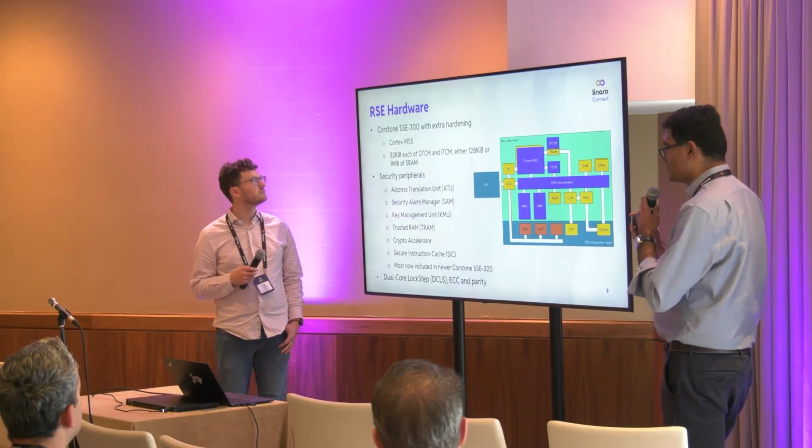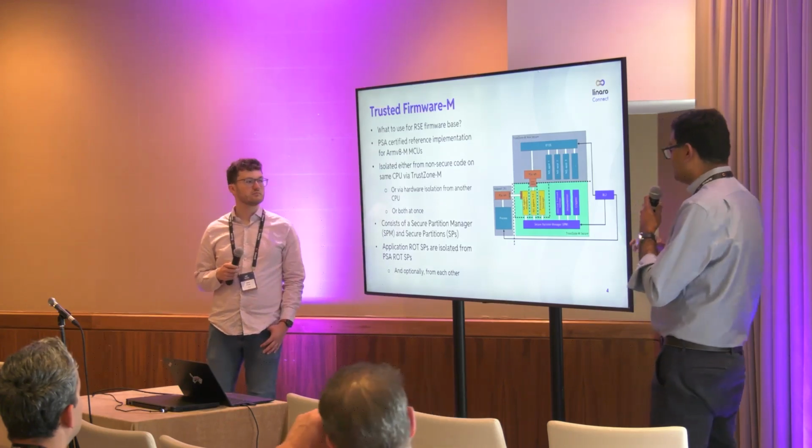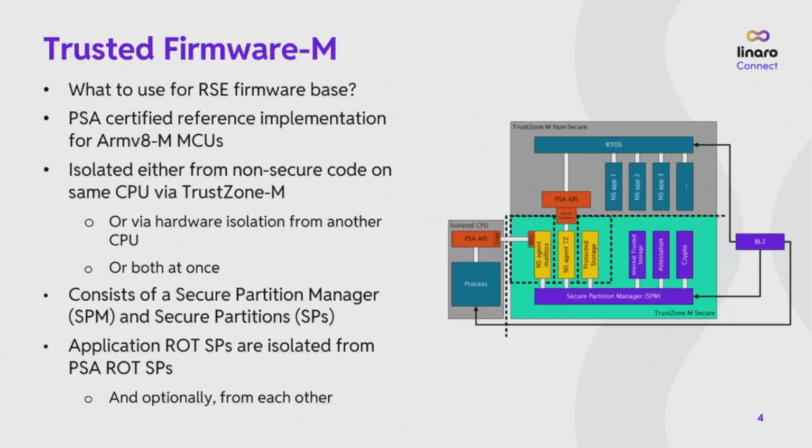Now, as software people, let's look at what the software story is here. When RSE was starting to get created, we already had Trusted Firmware M as a project. Some of you might know TFM as the secure processing environment for Cortex-M CPUs, which have TrustZone in them. TFM, as an open source project, provides the PSA reference implementation and already runs on Cortex-M CPUs.